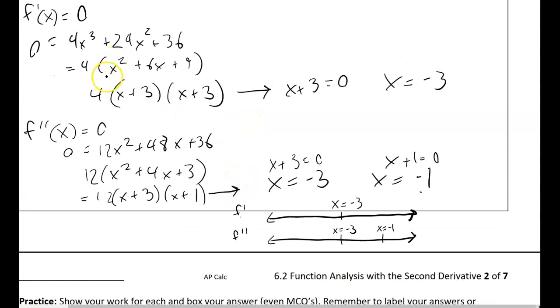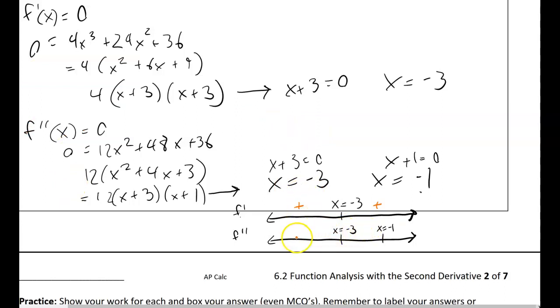Now, what I know is when I plug in a negative 4, for example, into f prime, I get negative times a positive. That is a positive value. And when I plug in a negative 2, I get positive, positive, positive. So this one's positive all day. And then, let's check here.